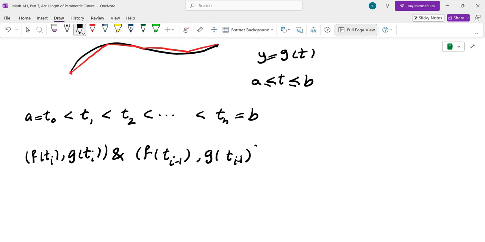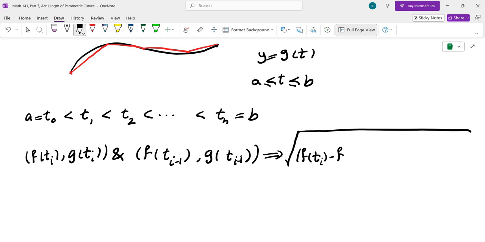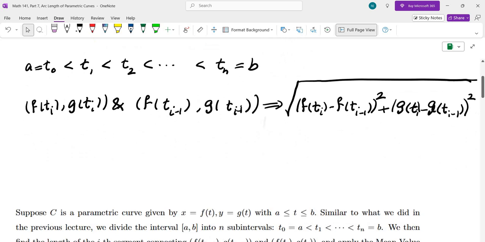So what is the segment that connects these? The segment length is obtained using the distance formula, which is the square root of f of ti minus f of ti minus 1 squared plus g of ti minus g of ti minus 1, all of that squared. So this is the distance formula.